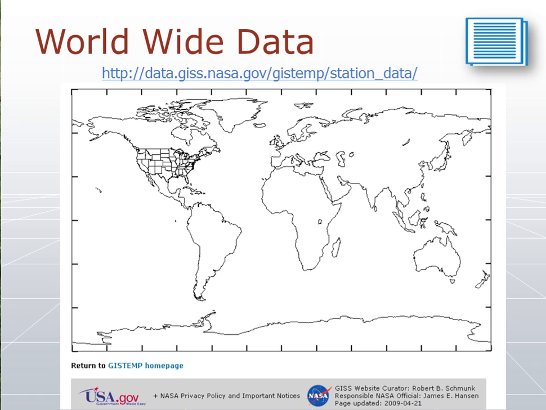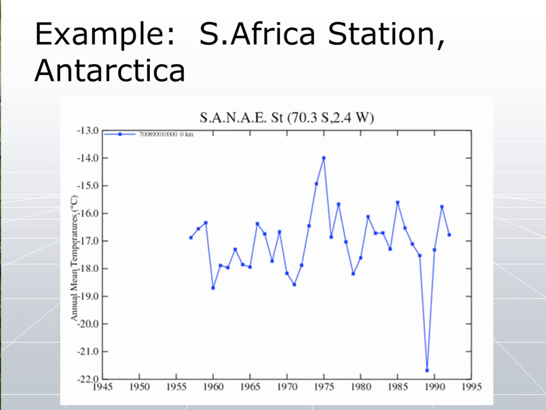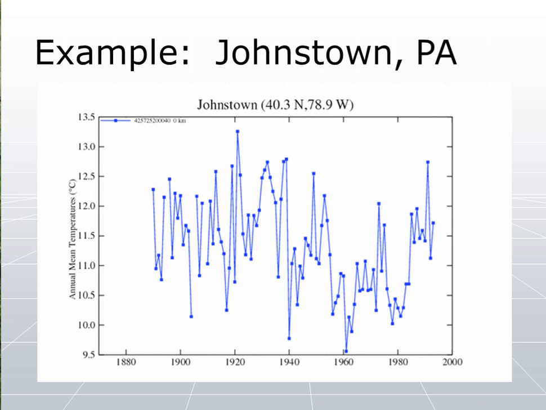Click on any point on the map to see a list of nearby temperature stations. Here's Stuttgart, Germany, or the South Africa station, Antarctica, or Johnstown, Pennsylvania. Scroll down further on any of the local maps and click on Download Monthly Data as Text.